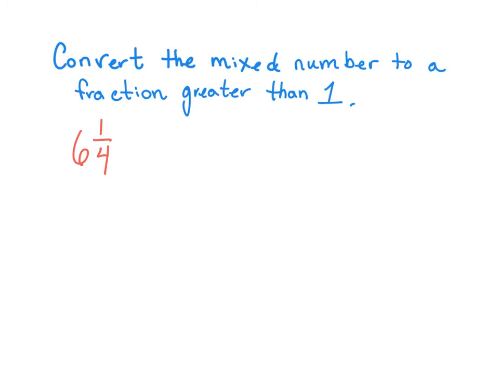Convert the mixed number to a fraction greater than 1. So we have 6 1/4. So now I'm going to show you another way. First we started off with number lines, and then we went to creating these different number sentences to figure it out with multiplication. Another way that we can do this is an old way that I learned, or your parents learned, which is basically taking the 6 and the 4. 6 times 4 is 24.